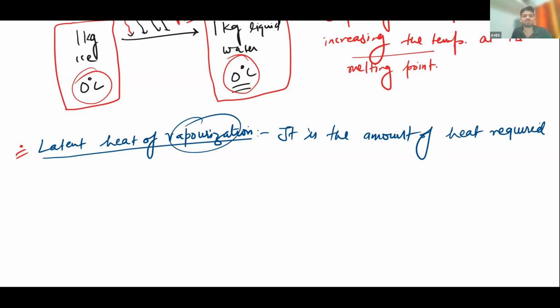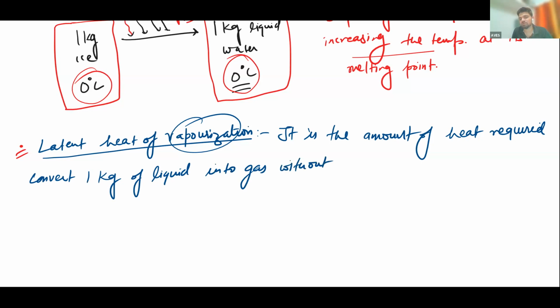Vaporization means that something is converting into the vapor state. So it is the amount of heat required to convert 1 kg of liquid into gas without increasing the temperature, or at its boiling point. Note it down.